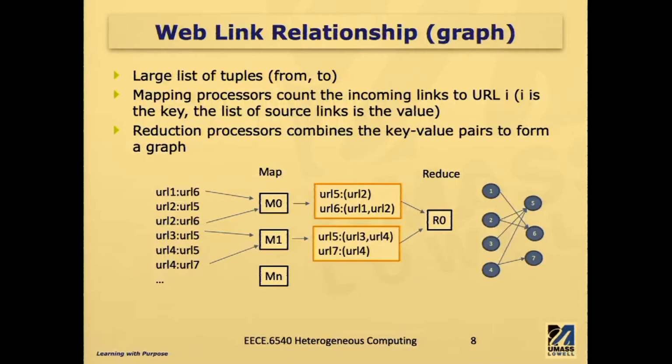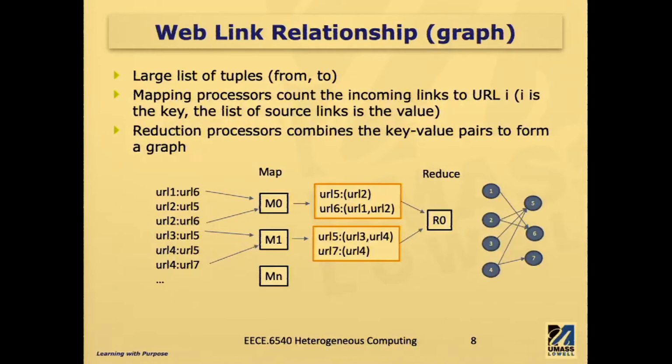So you can think about you have one web page that's identified using this first URL, and within that web page, there's a link to the other URL 6. You may have many of these by scanning the web pages. What we want to do here is use this large number of from-to pairs to build a graph that shows the web page relationship.